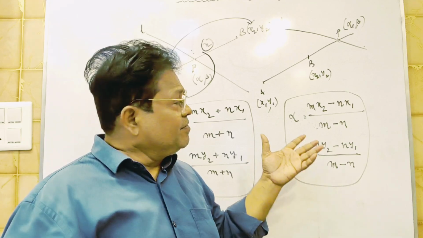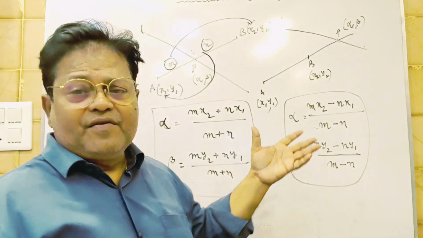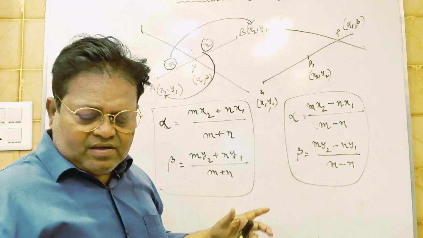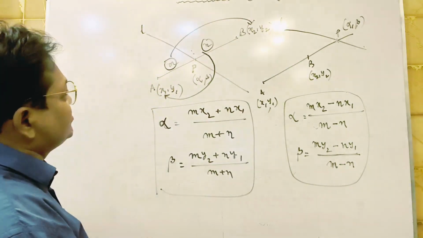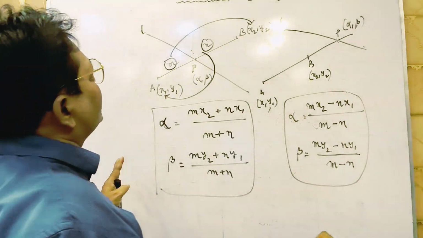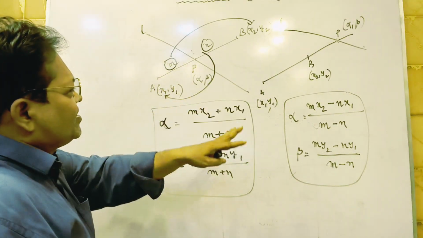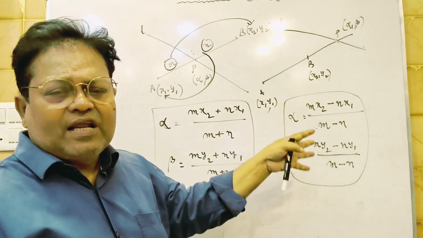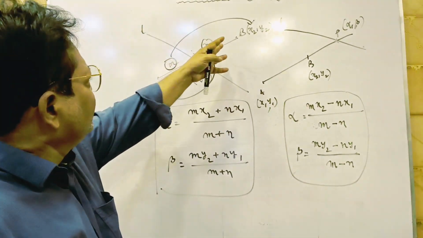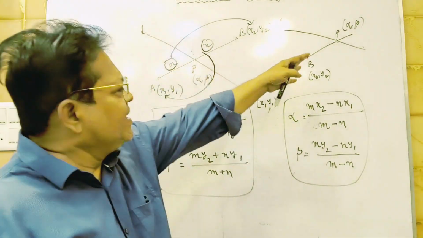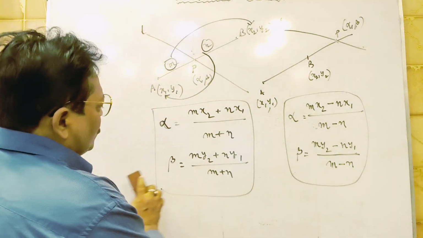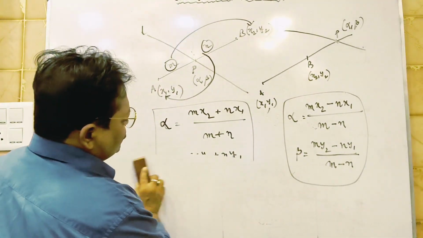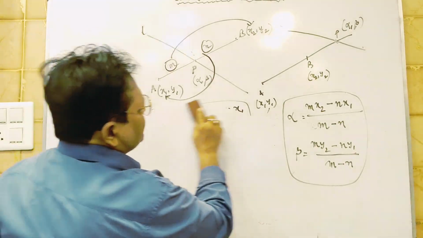Questions may be given from these formulas, but the original derivation is not asked in the examination. So this is called coordinate geometry. The first part is the distance between 2 points, and the second part is the section formula when a line is cut internally and externally. Now you can write this down and go to the next part.